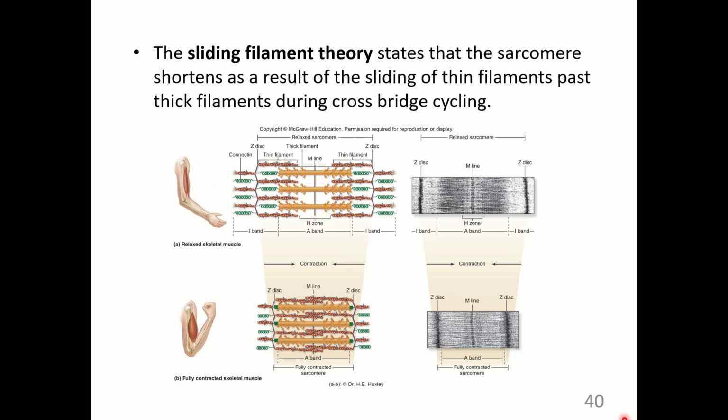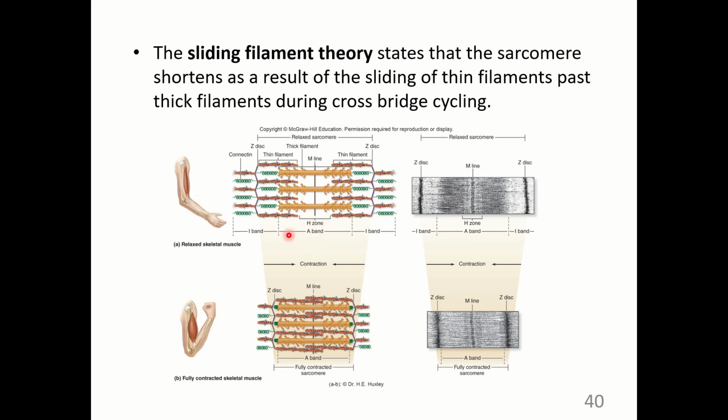The sliding filament theory states that the sarcomere shortens as a result of the sliding of thin filaments past the thick filaments during cross-bridge cycling. So this illustration shows a relaxed skeletal muscle in figure A. Notice that the Z discs are farther apart from each other and there is a potential space within the M line that's called the H zone.